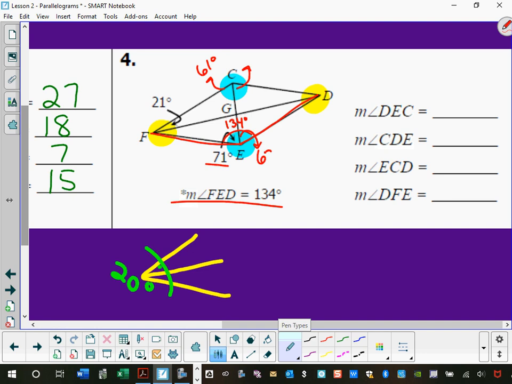This should be 63. So that means that now the opposite side over here is 71. Your angles are going to be opposite.